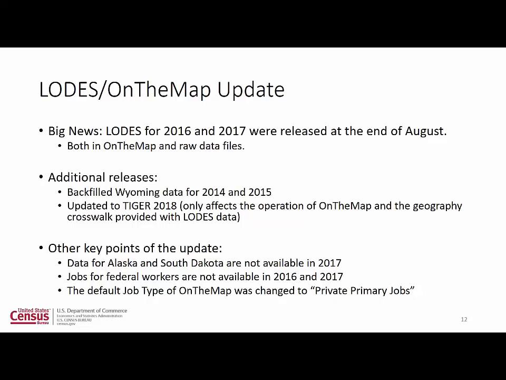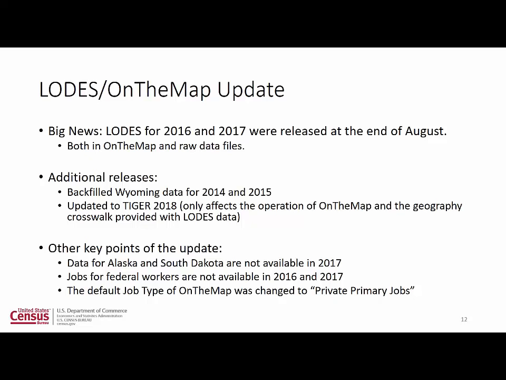Previously, and this will make more sense for those of you not super familiar with OnTheMap when I do some demos, the default had been all primary jobs, which included federal employment. However, we did not want users to come to the application and do the analyses they were used to doing, but not know that federal jobs were not available, and see dramatic changes in their numbers.